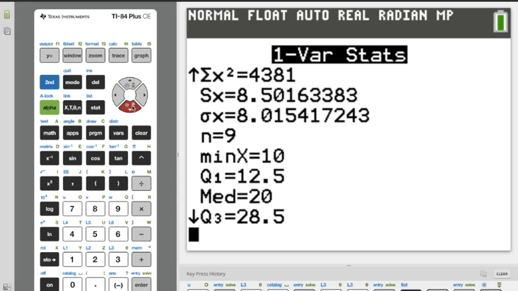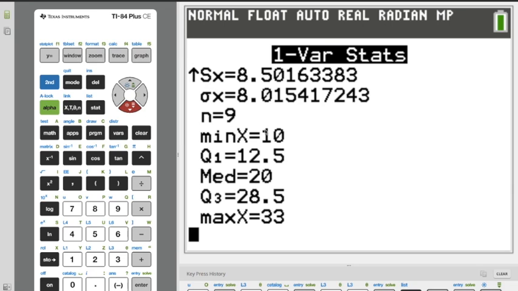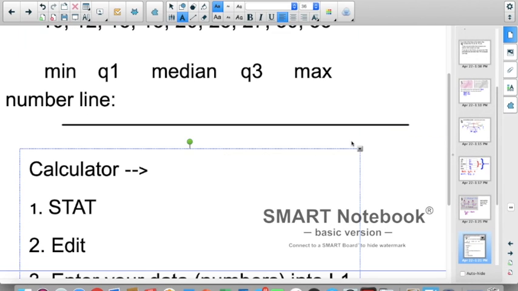What we care about right now are these last 5 numbers: min, Q1, med, which stands for median, Q3, and max. These are the 5 numbers that are crucial in order to construct a box and whisker plot. So fill in what we got. The min is 10.